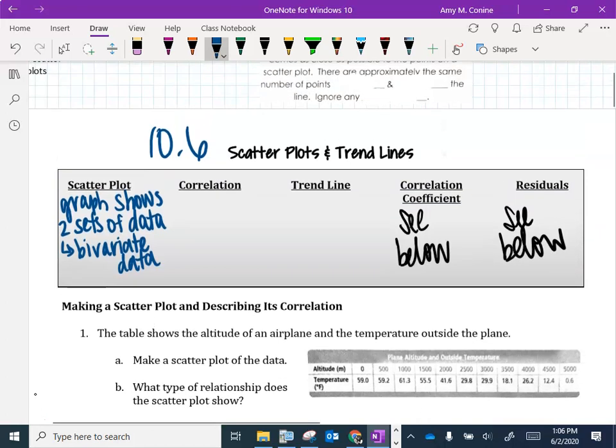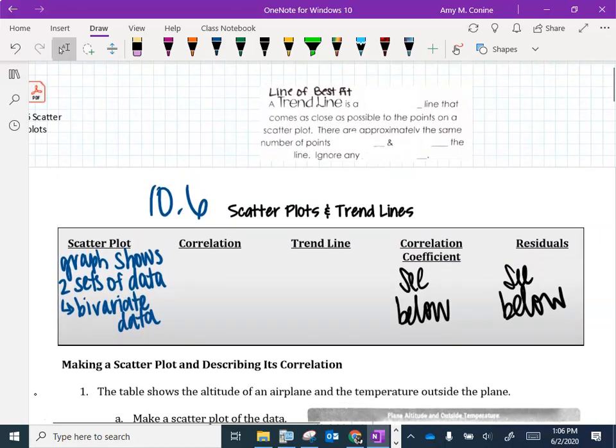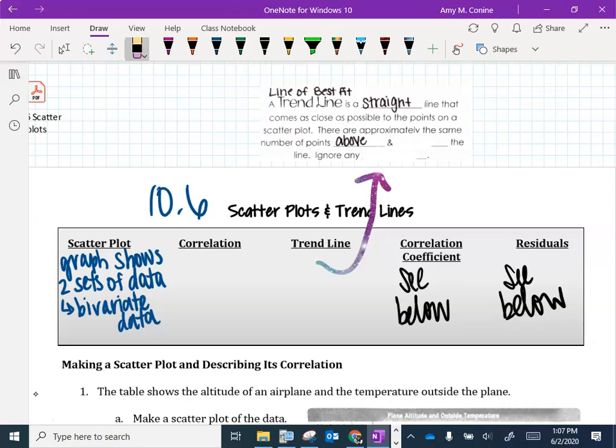I'm going to scroll it up here so we can talk about trend lines for a second. So a trend line is this definition up here. So we have line of best fit. A trend line is a straight line that comes as close as possible to points on a scatter plot. It's a line that we're going to draw in. So there are approximately the same number of points above and below that line, and we're going to ignore any outliers.